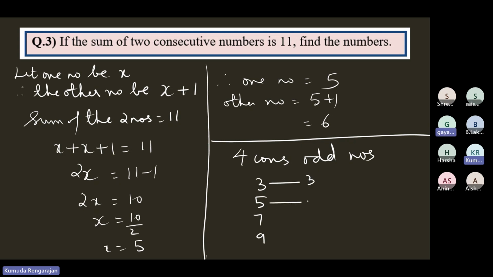What is 5 in terms of 3? 3 plus 2, ma'am. What is 7 in terms of 3? 3 plus 4. And what about 9 in terms of 3? 3 plus 6. So if you call this 3 as x, all the 3s will become x, right? So what are the numbers then? Let the 4 consecutive odd numbers be x, x plus 2, x plus 4, x plus 6, ma'am.